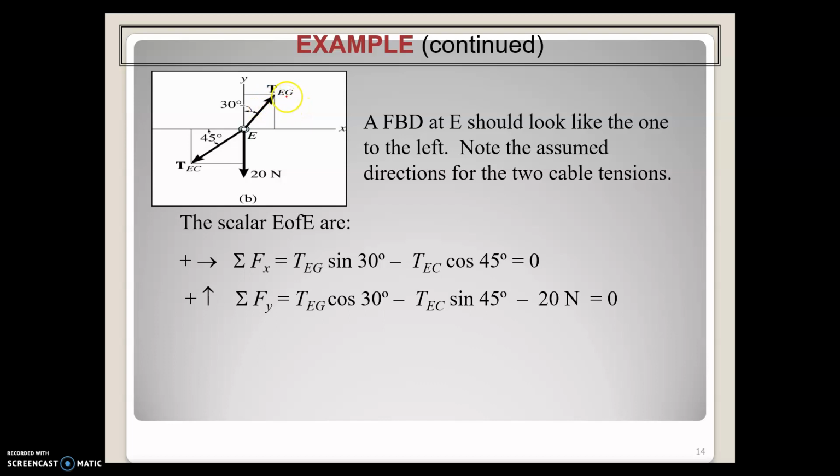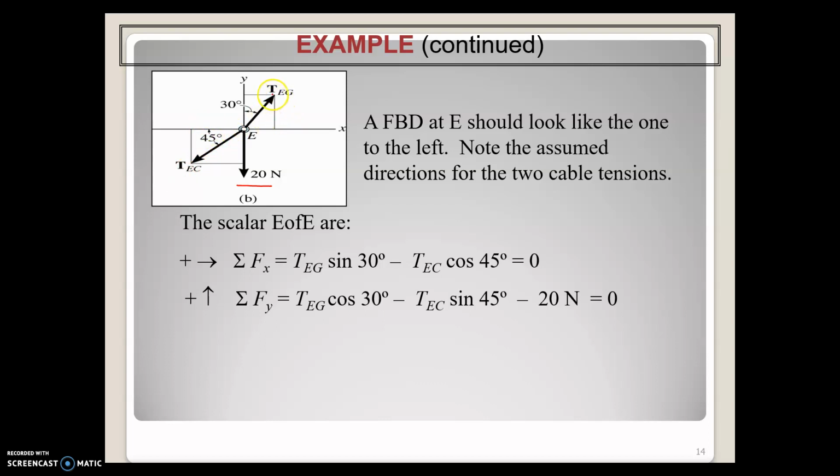Right? So TEG, okay, you have TEC, you kena write down all the given value of angles ataupun tension, weight atau force yang ada. So you have 20 Newton here, right? You have TEC moving downwards with angle 45 degree from X axis.